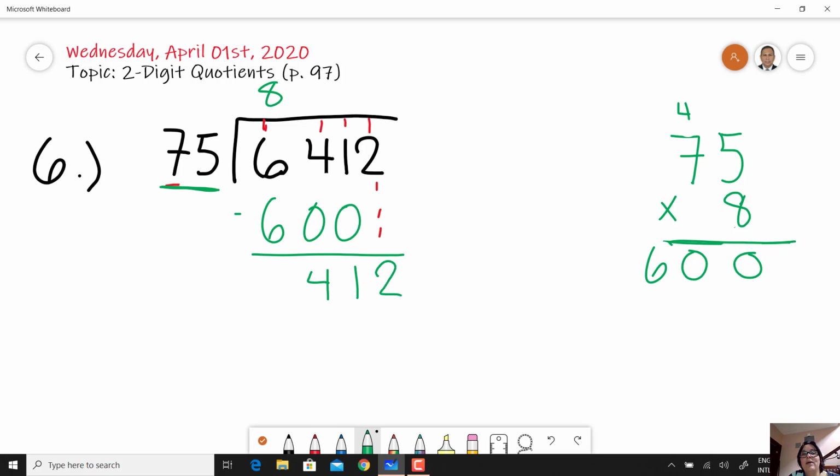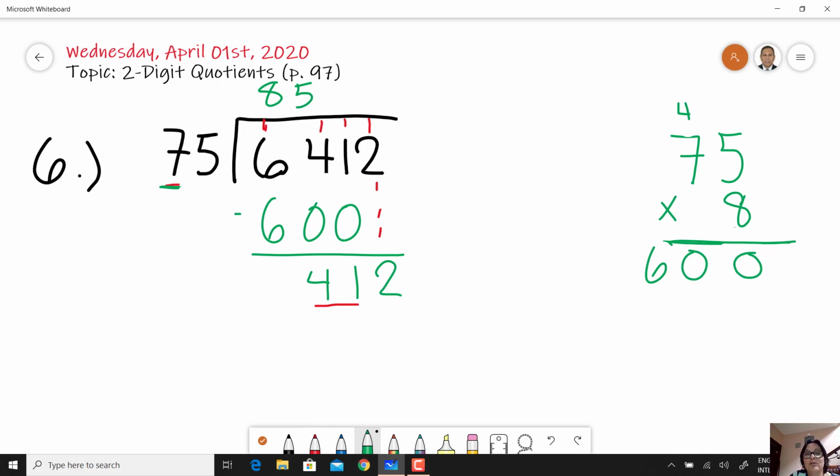And now, again, let's use our trick. From here, I'm going to use only number 7. And from here, I will use 41. What number multiplied by 7 is going to be close to 41? It's 5, right? Because 5 times 7 is 35.